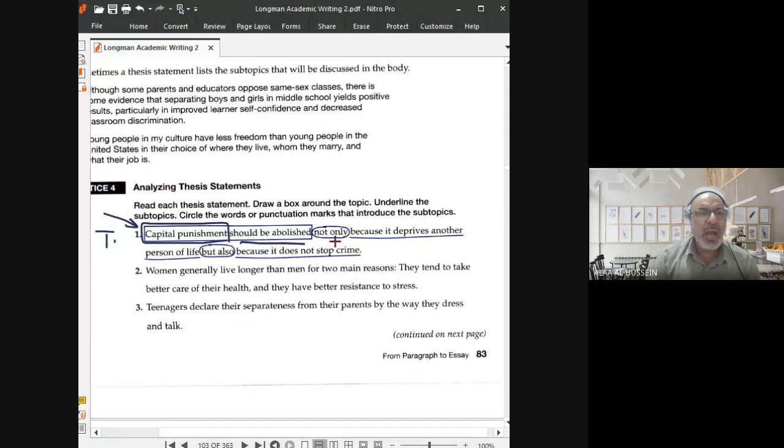For example, when we say because of, due to, involving, including, such as, for two main reasons, for three main reasons, etc. These phrases introduce what? Introduce sub-ideas. And we said that these are sub-ideas. For example, deprives another person of life. Also a verb.